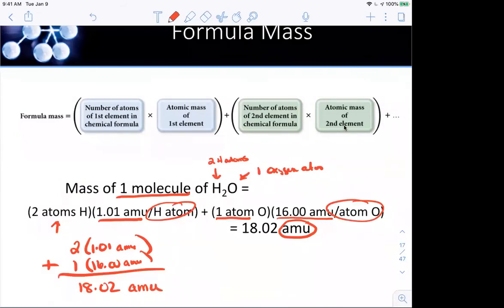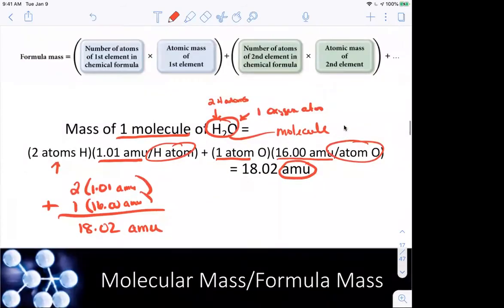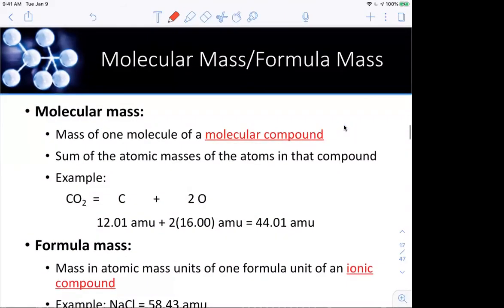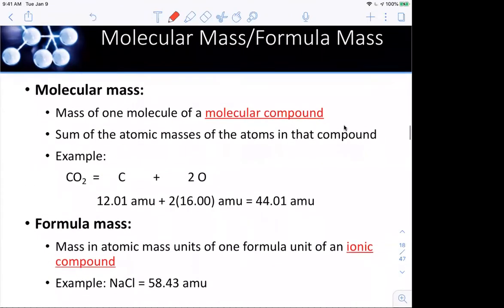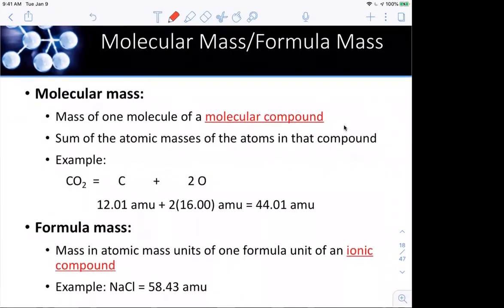This is the formula mass. This is the mass of 1 unit. This could also be the molecular weight or the molecular mass, because water is in fact a molecule. So let's look at these little subtle differences. If I have a molecular compound, the mass of one molecule is going to be called the molecular mass or the molecular weight.